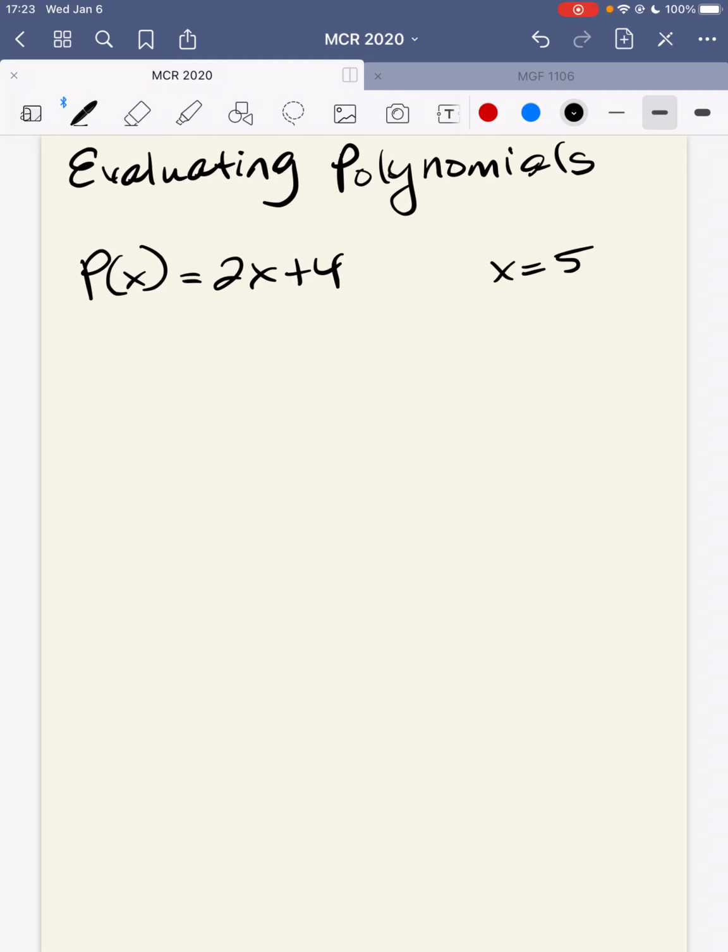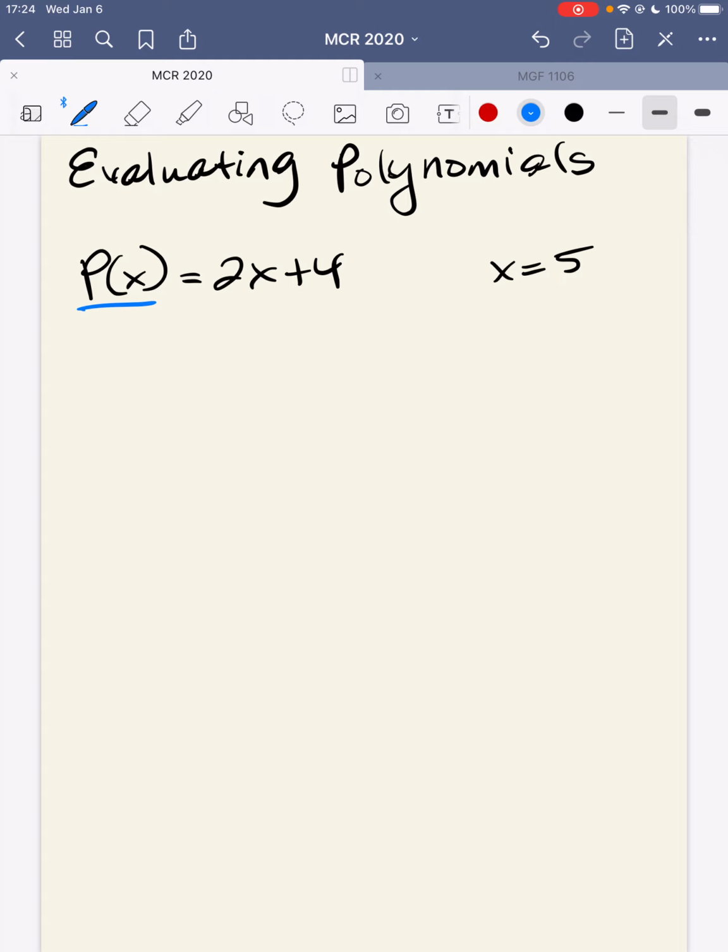All right, so we're going to go ahead and look at evaluating polynomials. And just as a little refresher, we're using function notation. So when we have this idea of p of x, that is just a simple substitution for y.